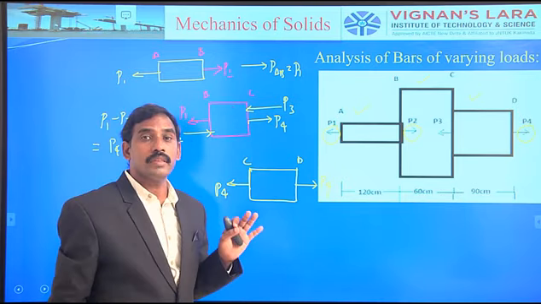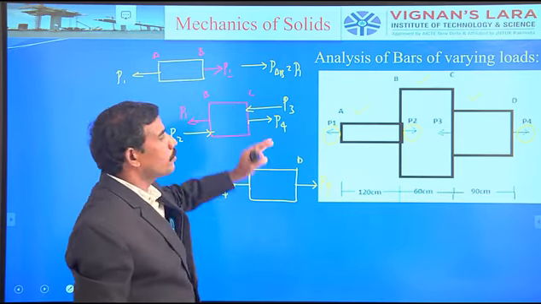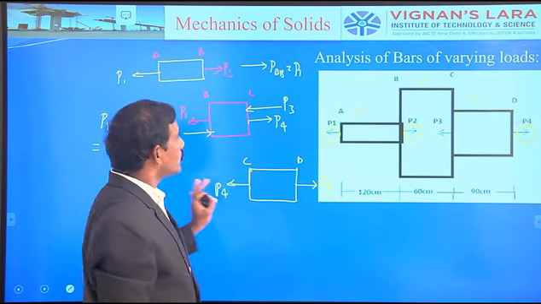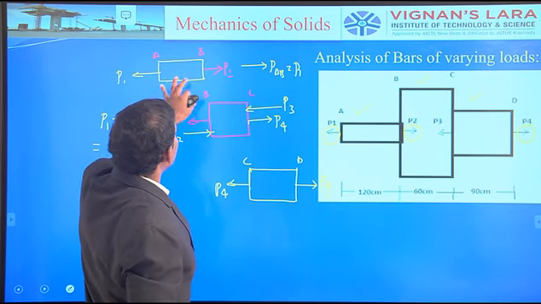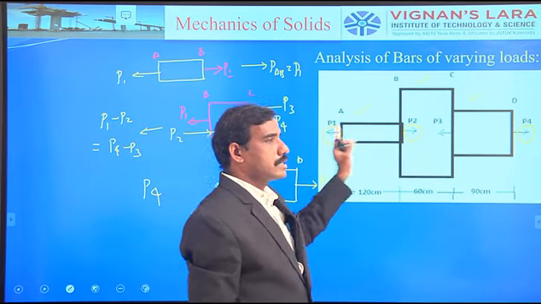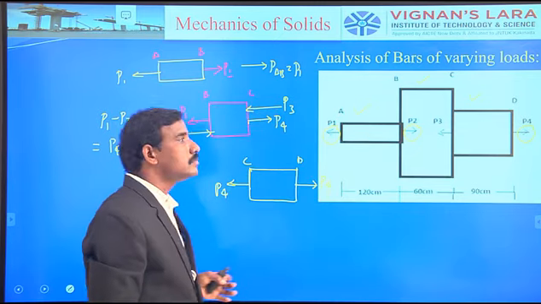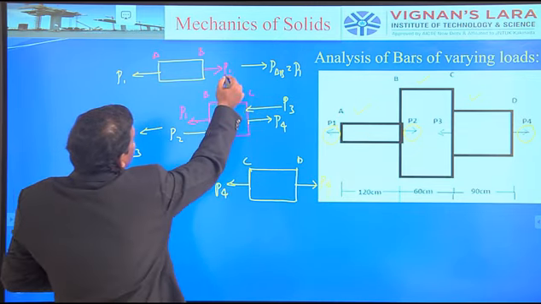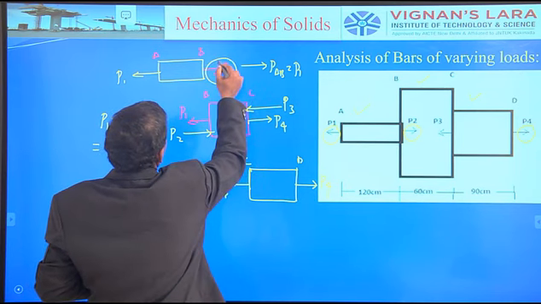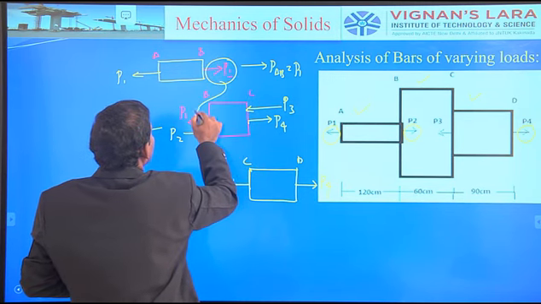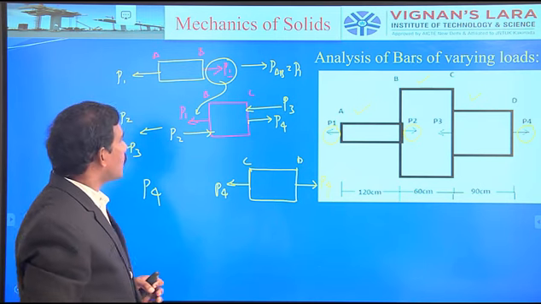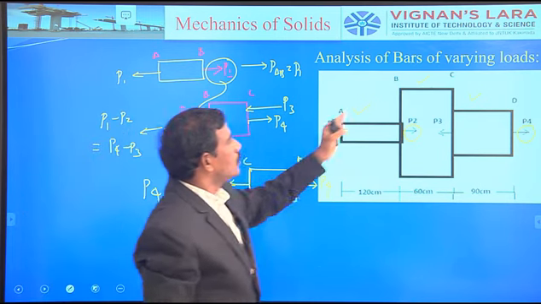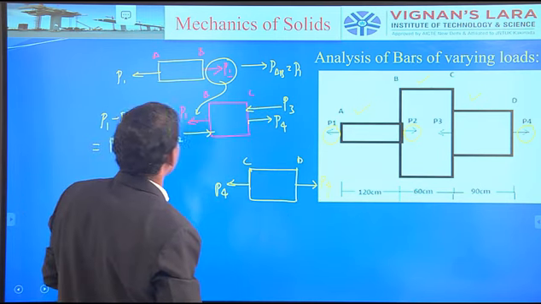All of you remember one thing. While solving the problem, better to show the equilibrium condition of the extreme positions initially. According to the equilibrium conditions of the extreme portions, better to represent the forces acting on the BC in a particular case.